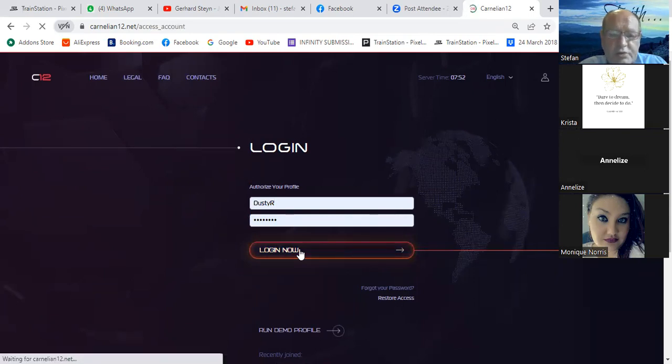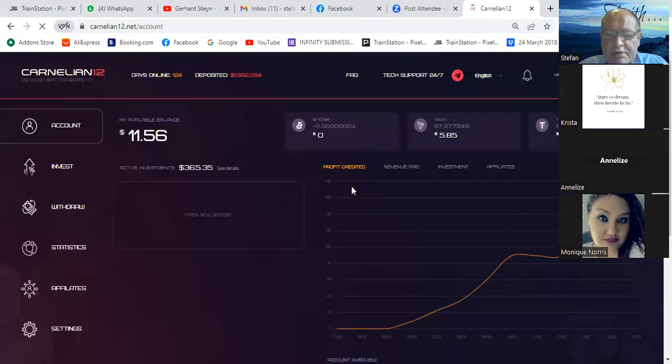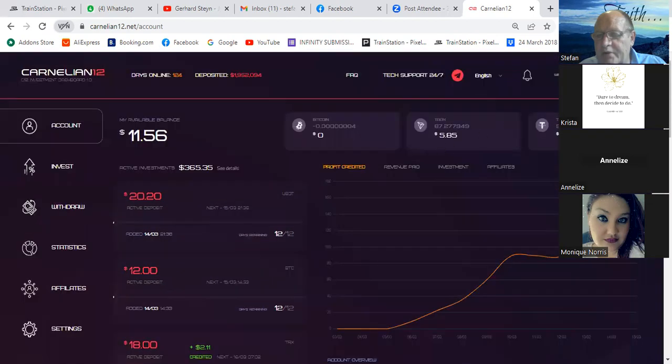On your account page, your startup page, if you look below the graphs on the right hand side, there you can easily show people. The total invested so far by Dusty is 365 and the total withdrawn is 126. Once you get that 126 more than your 365, then you're on the break-even point.